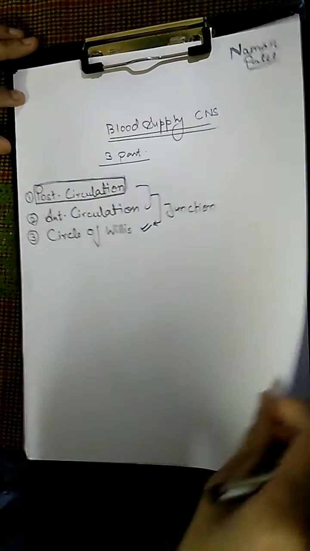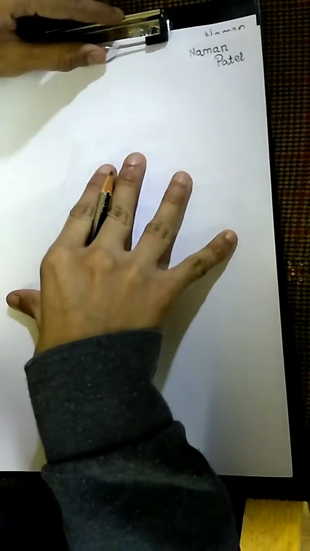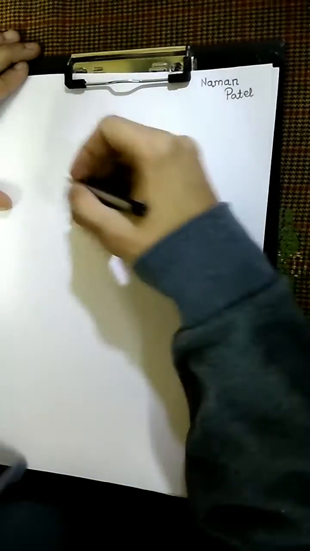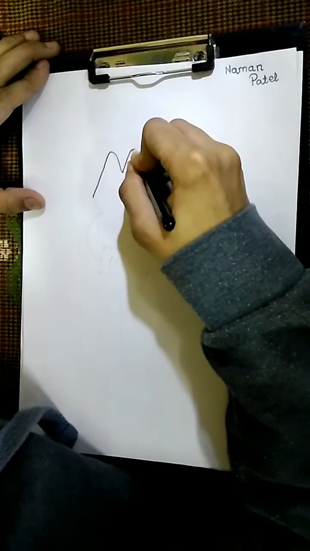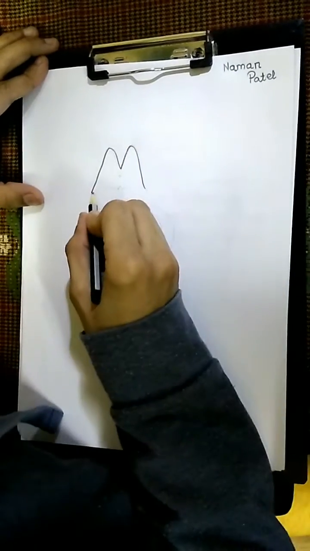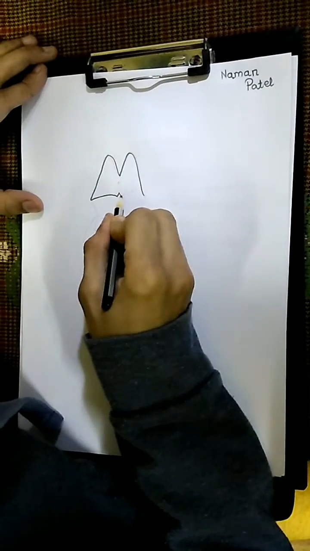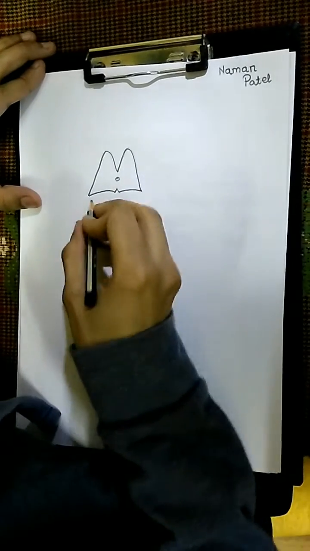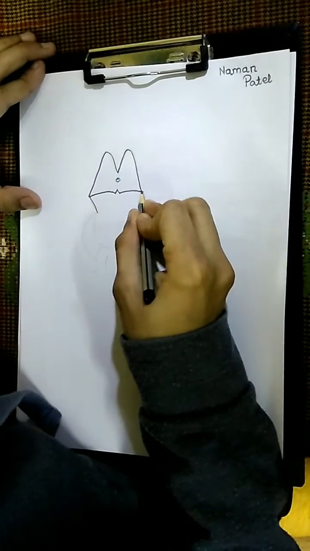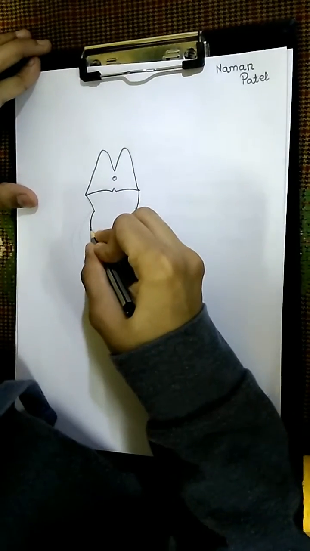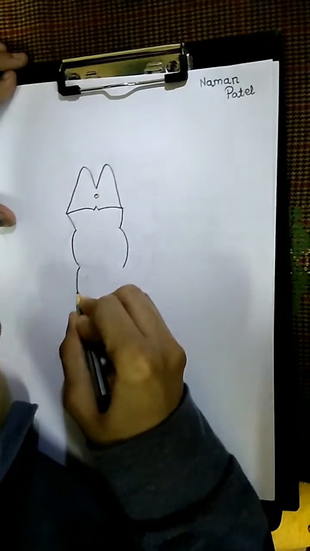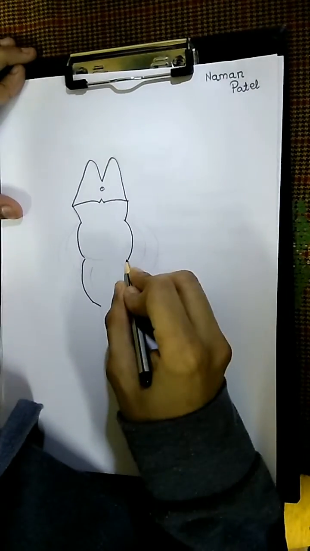Let me just draw one diagram. I drew it very lightly, but I will now draw it very quickly. This is the midbrain, and here comes the pons, right guys? And this is the medulla.